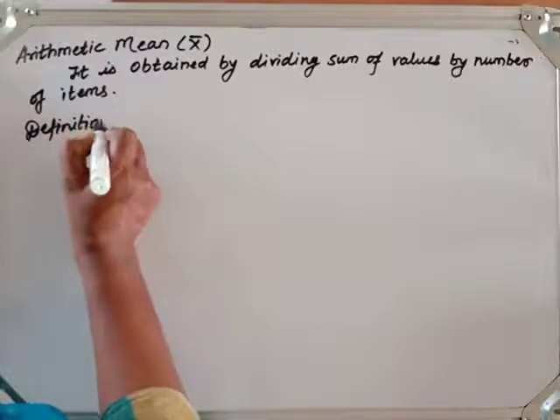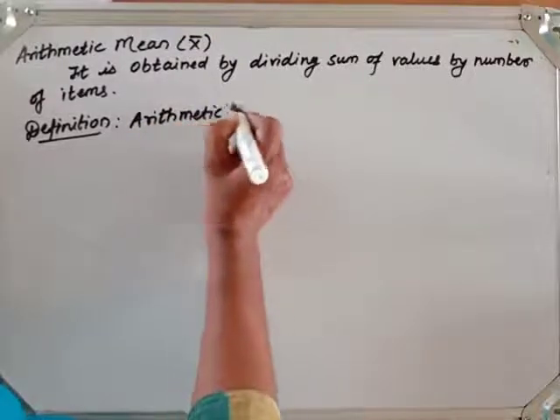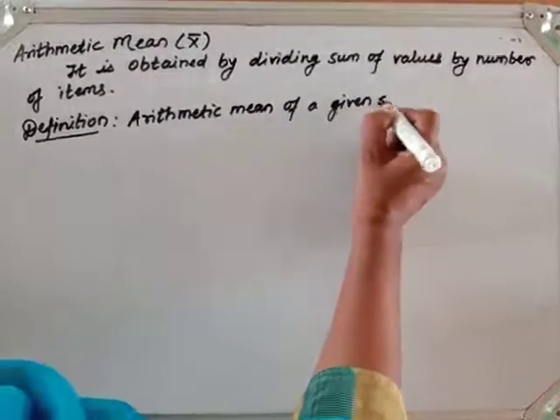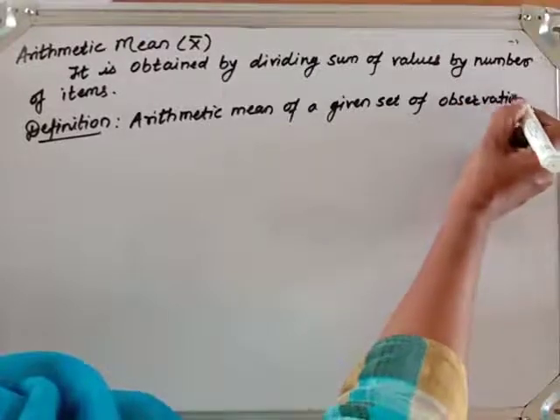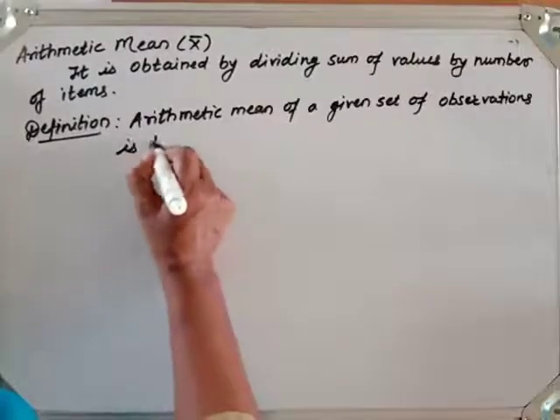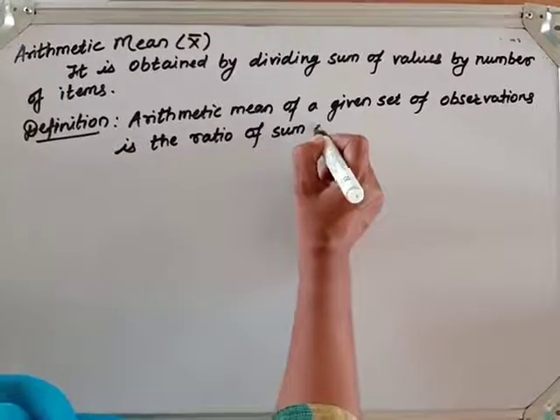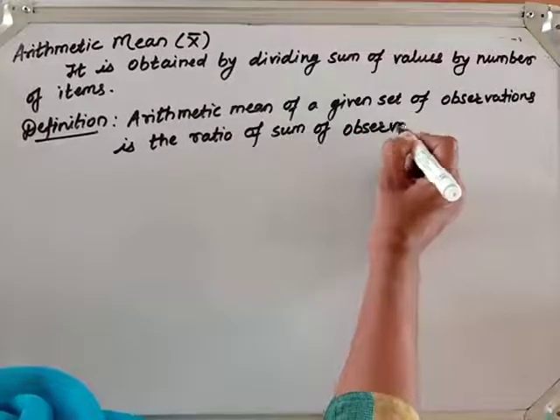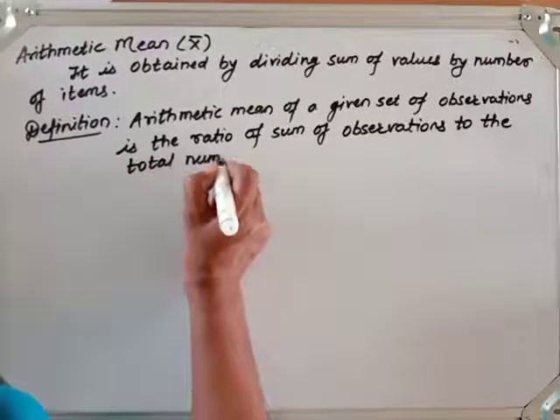Definition: arithmetic mean of a given set of observations is the ratio of the sum of observations to the total number of observations.